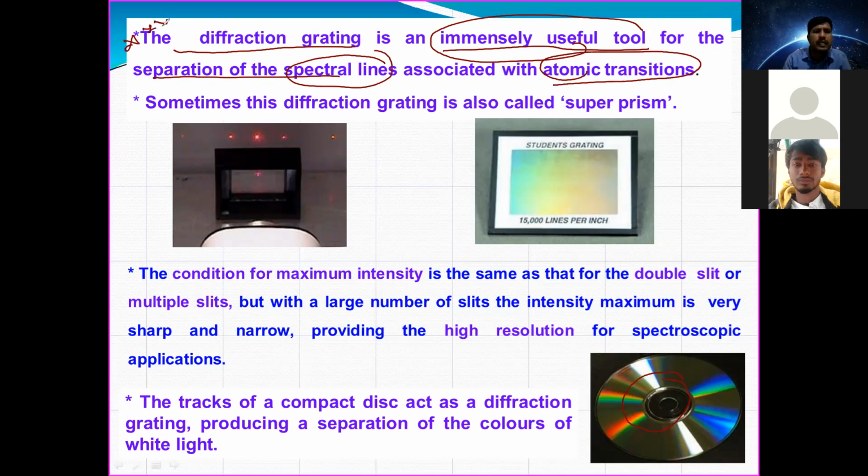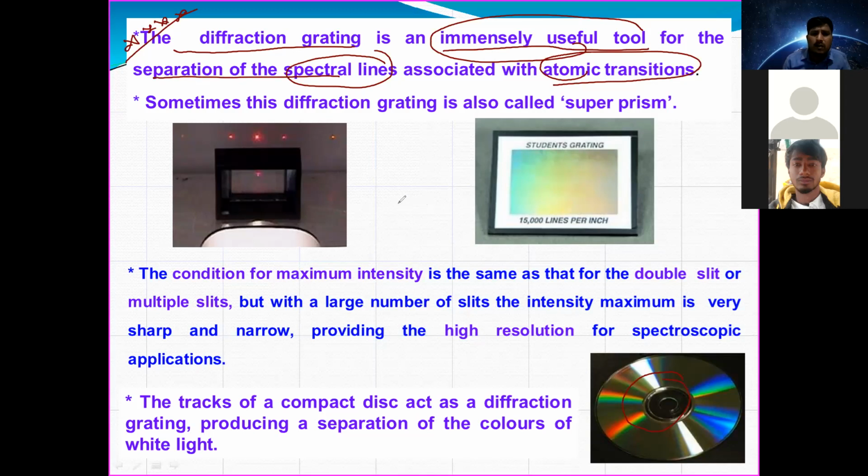Very important part for competitive exams. The first use is to separate the colors using the grating experiment. Second application: sometimes they can ask only a 4 marks question, what are the uses of diffraction by grating? First point, to separate the colors. Second point, it is an immensely useful tool to separate the spectral lines which are associated with the atomic transitions.